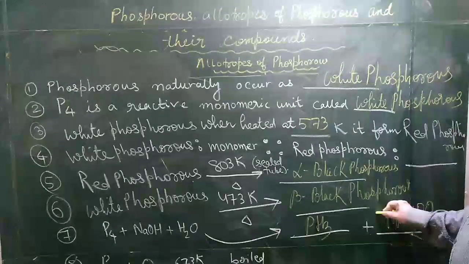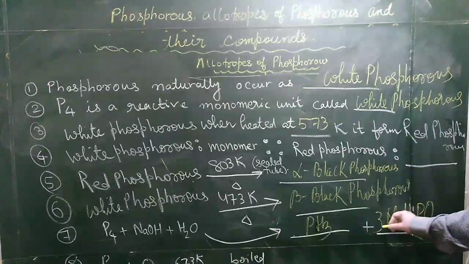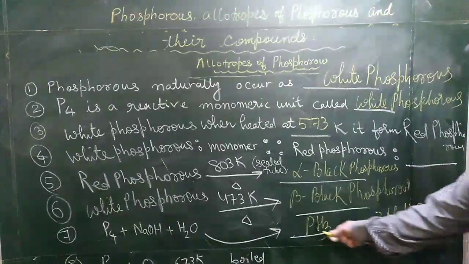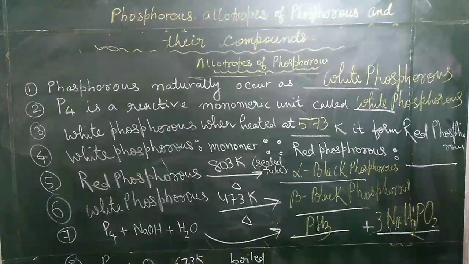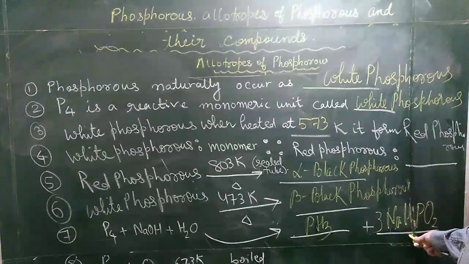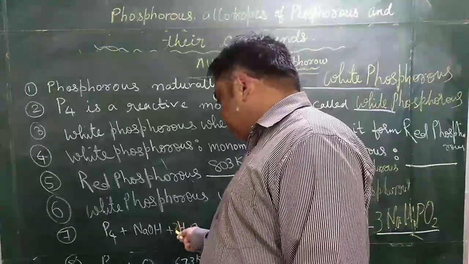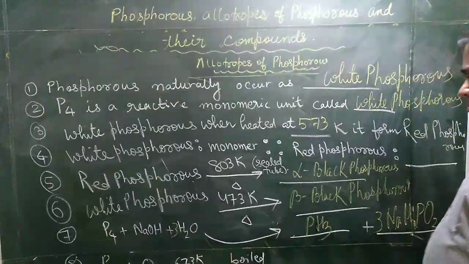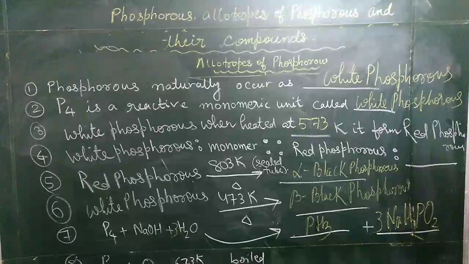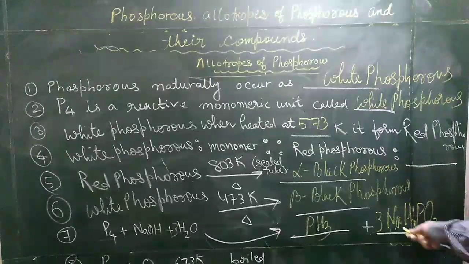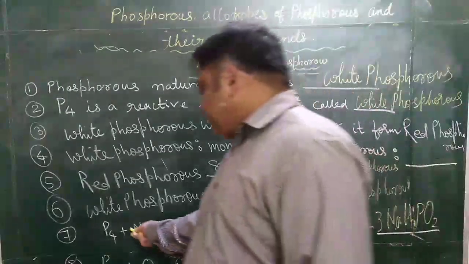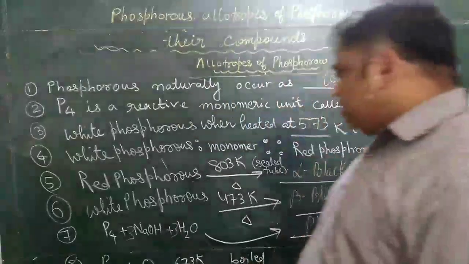If we make it 3, then 3 phosphorus will be there, and 1 phosphorus, 4 phosphorus. Phosphorus is balanced. This is 6 hydrogen, so we'll make it 6 hydrogen here. What else? This is 3 sodium, so we'll make it 3 sodium here. So it is balanced now.